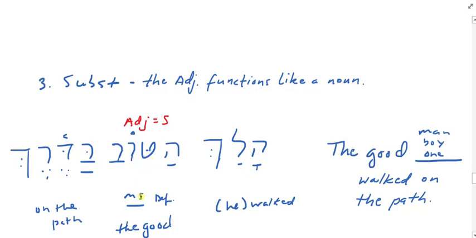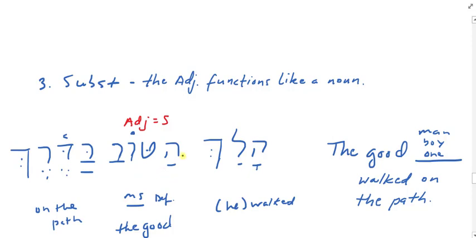So if it's referring to a man, then you might translate this as the good man walked on the path. Or maybe it's referring to a boy. So you might say the good boy walked on the path. Or you might be a bit more generic and just say the good one walked on the path, where whoever the one is, it's a masculine and singular one.